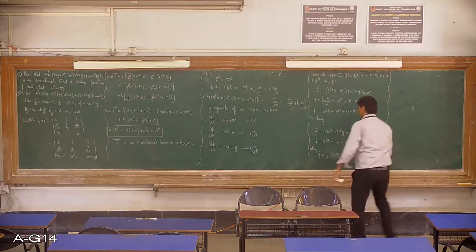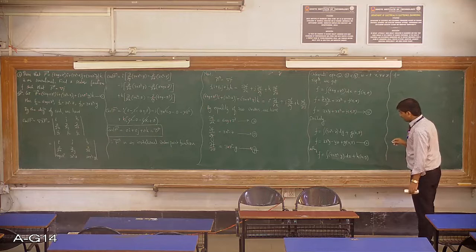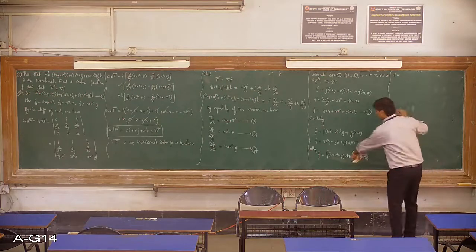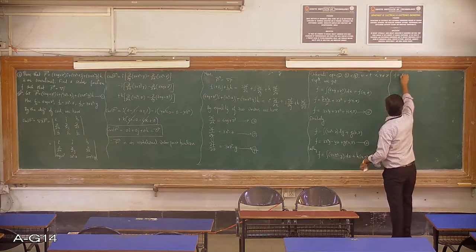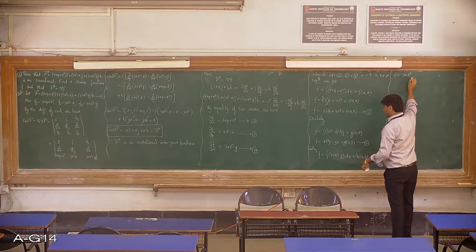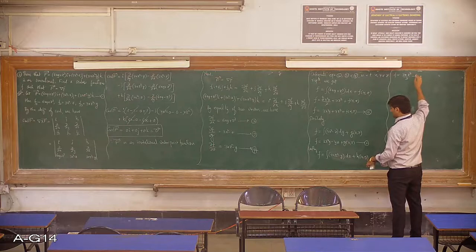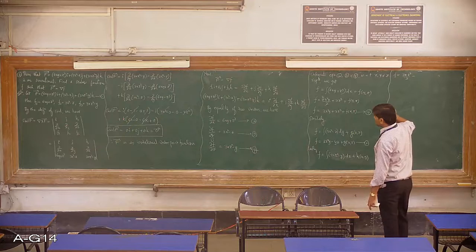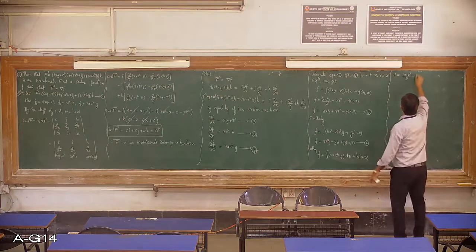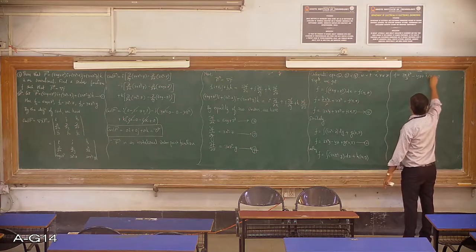So f is equal to, integrating with respect to z, 3x z cube by 3 minus yz, plus h of x comma y.